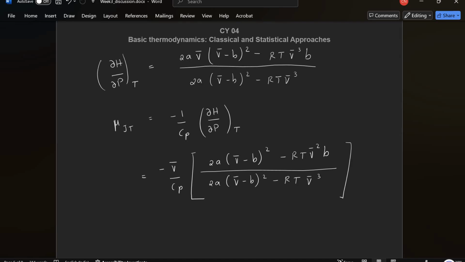Now this is the Joule-Thomson coefficient for a van der Waals gas.